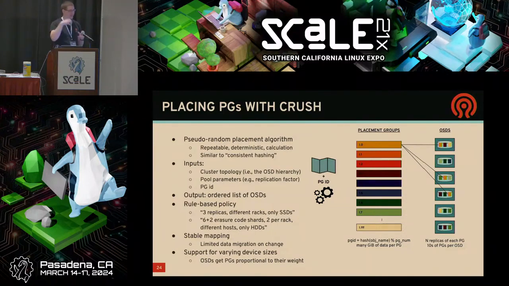The object name is actually not part of Crush. The object name just runs a simple hash and says it's this placement group, and then the output of the Crush algorithm is just this ordered list of IDs. And in a replicated pool, the first one on the list is the primary. Hooray! They get all the I/O, and they manage coordination with replication for the other peers.